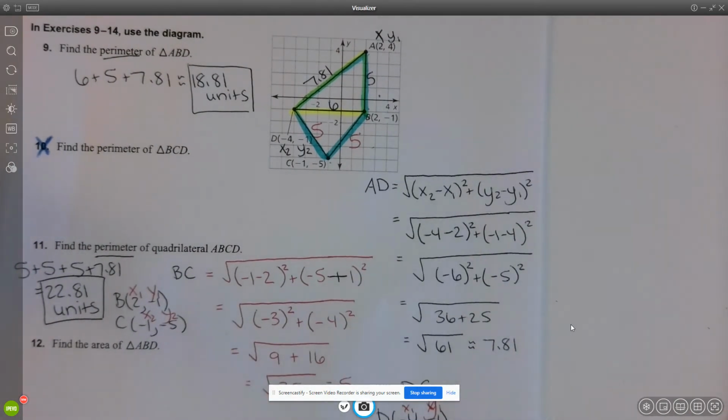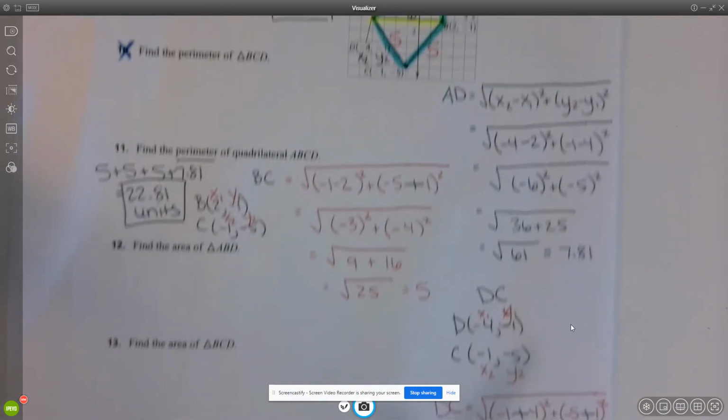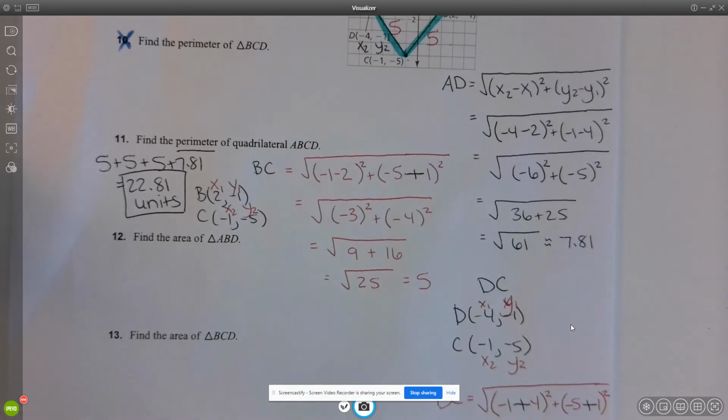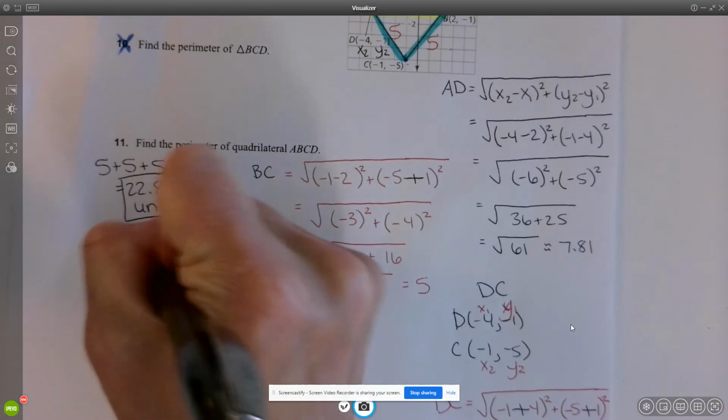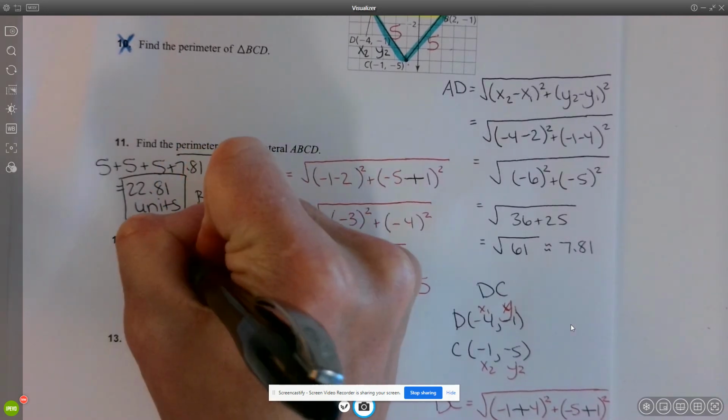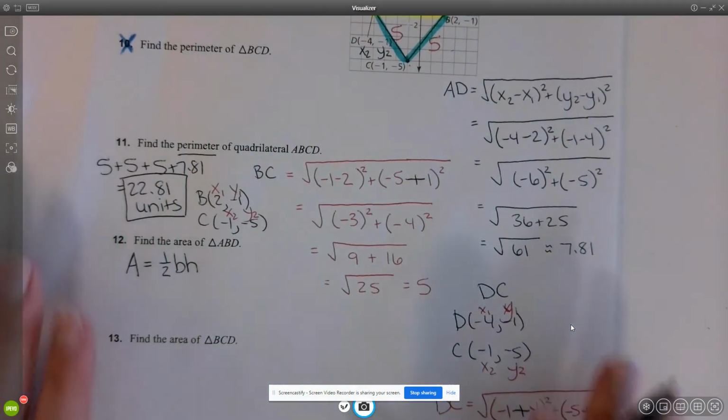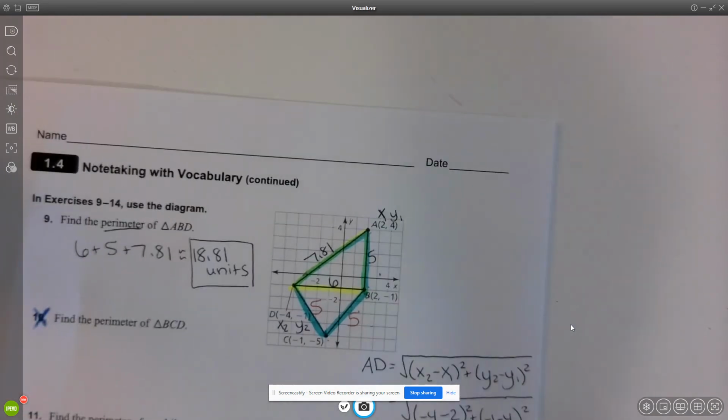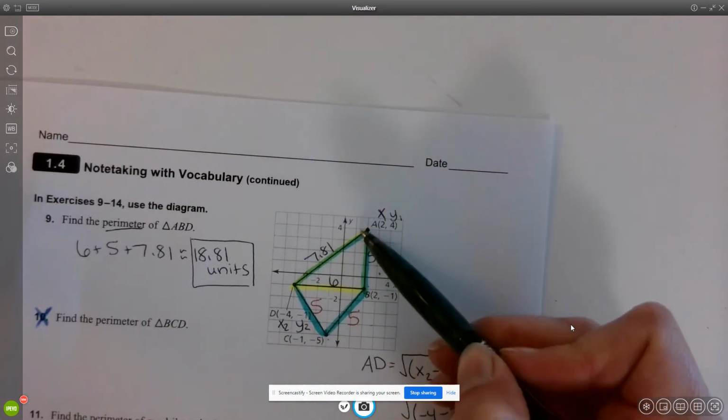Now we're going to find the area. So now we're thinking area formulas. So in number 12, we want to find the area of triangle ABD. So I'm going to use my formula for the area of a triangle, 1/2 times base times height. Triangle ABD is this top triangle.